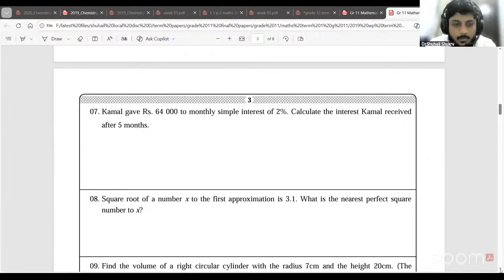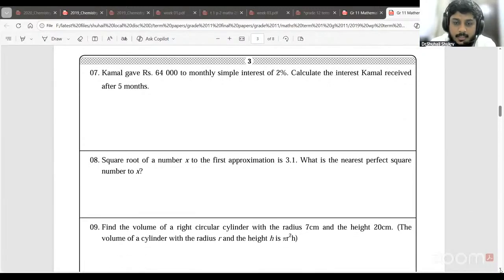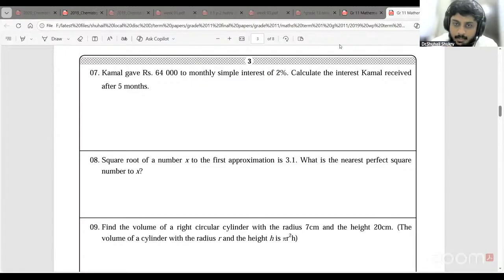Did you do the seventh and eighth? Questions 7, 8, 9, we'll do three questions together. Did you try 7, 8, 9? Who did? Yes, no? Please speak in the chat and be active in the chat box.